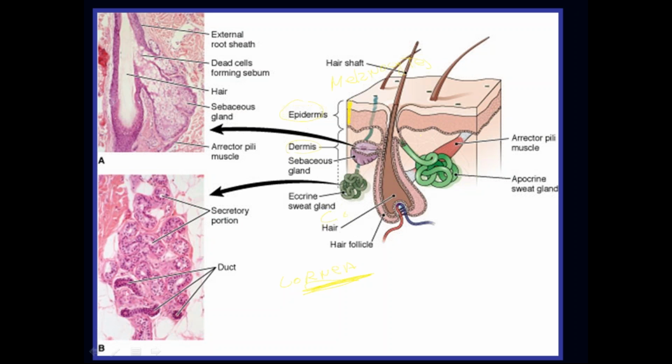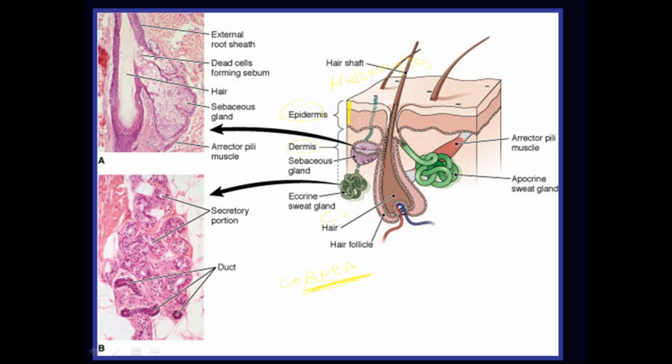Everything else is located in the dermis. We have the glands. These are sweat glands, for example, and these are sebaceous glands. We have another type of sweat glands here, apocrine, the one that gives some kind of smell if you don't wash for long periods of time.